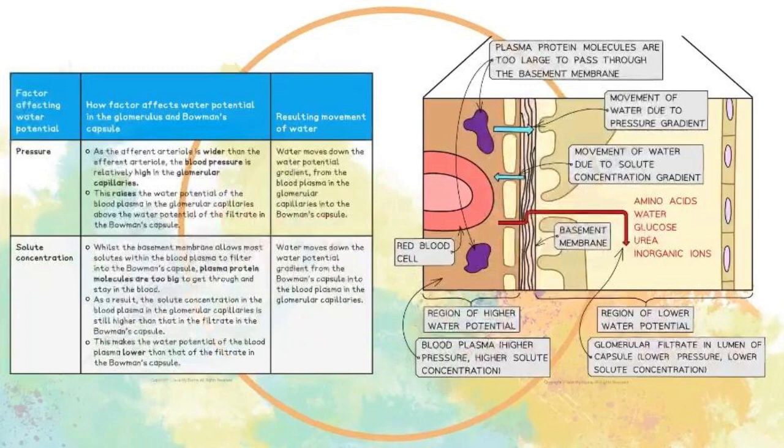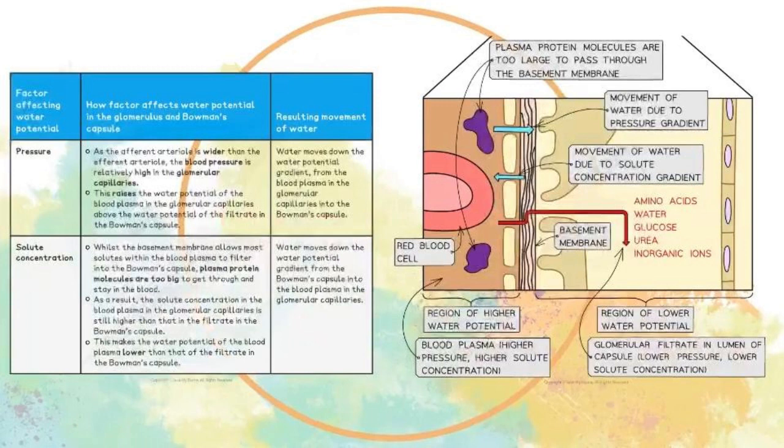So you get movement of water, but you're also getting movement of water back into the capillaries because of this concentration of proteins in the capillaries on the left-hand side. So that's that smaller arrow of movement of water due to solute concentration gradient, but ultimately this movement is still less than the movement due to the pressure that you get.